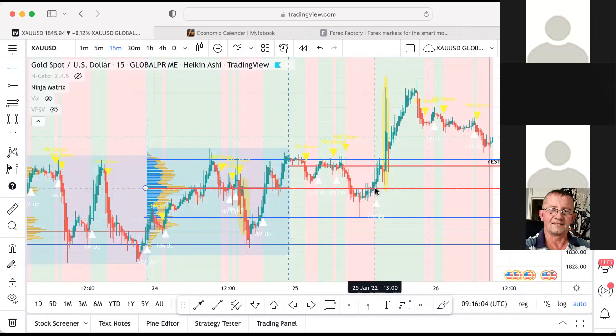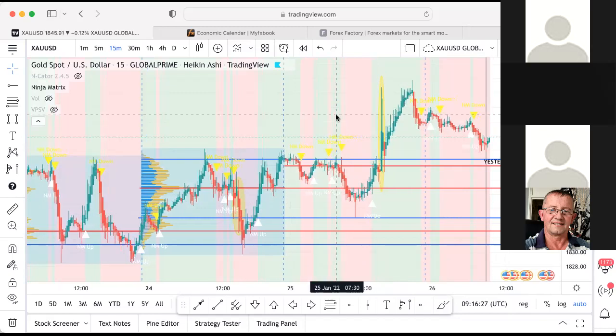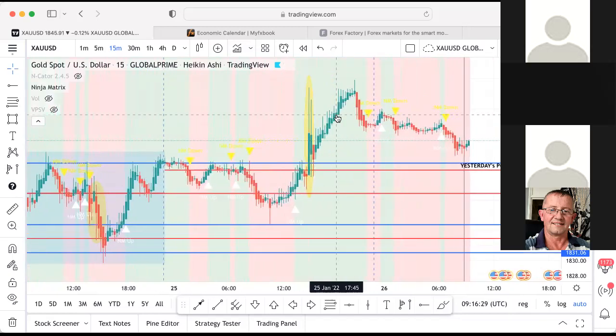So it's a matter of personal opinion whether you stay in or get out. Personally, what I would do with this, I would have been more than happy with that trade. And if I decided to stay in, I would certainly have got out at that point. I wouldn't have risked losing any pips on the way back up. So I guess it's a personal choice whether to stay in or not.